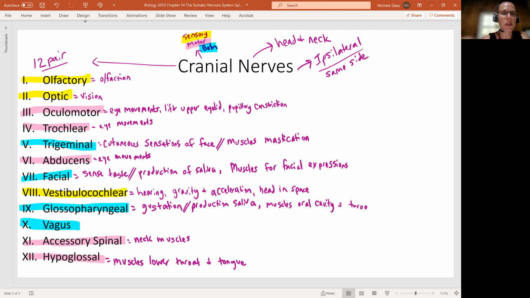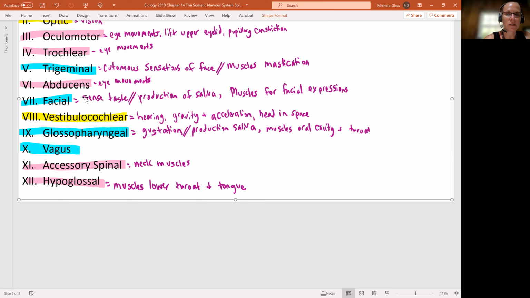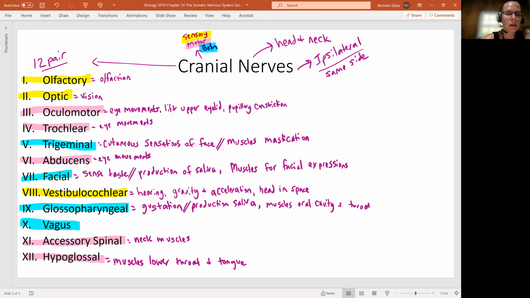I saved the vagus for last because the vagus is the one that we're going to talk about significantly in the parasympathetic nervous system. We're going to see maybe 70% of parasympathetic response being controlled by the vagus.